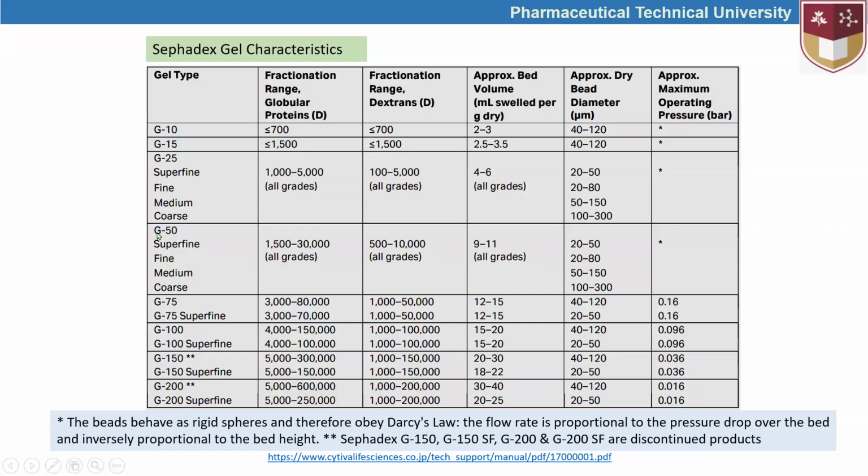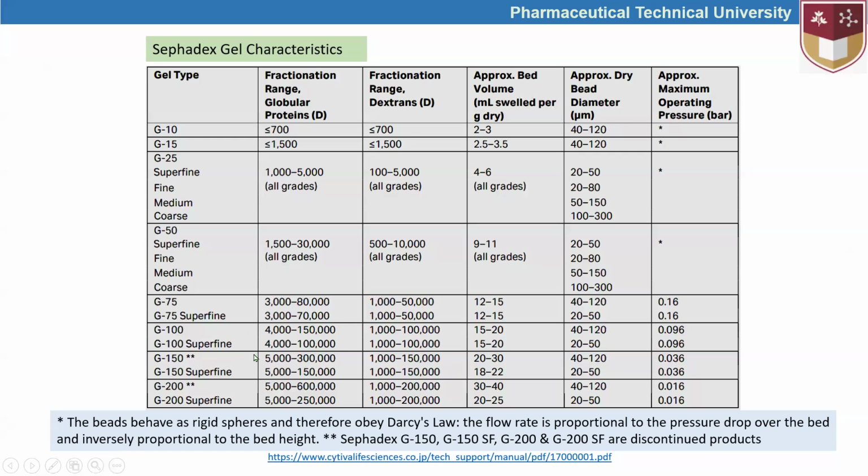G50 is used for polypeptides differing in molecular weight from 1500 to 30,000. Accordingly, G75 from 3,000 to 80,000 Dalton, or G75 superfine is used for the separation of peptides from 3,000 to 70,000 Dalton.